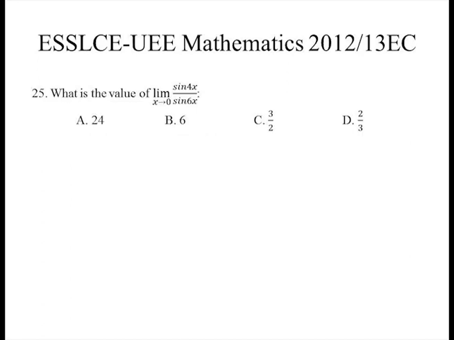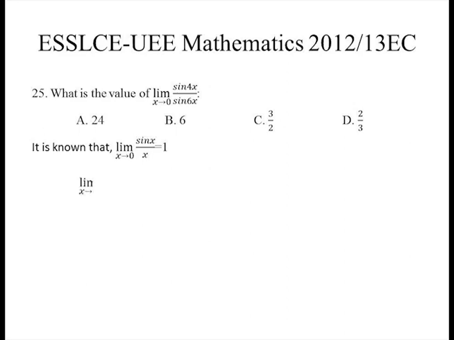Question number 25. What is the value of the limit of sine 4x divided by sine 6x as x approaches 0? It's known that the limit of sine x divided by x as x approaches 0 is equal to 1. So let's rewrite this limit in the form sine x divided by x.